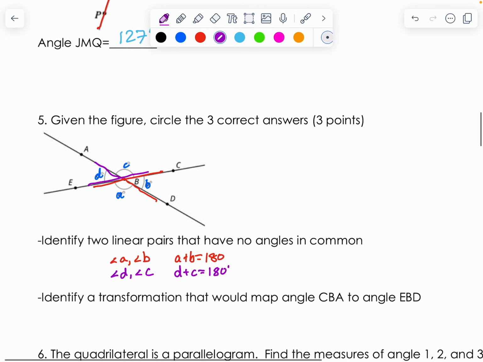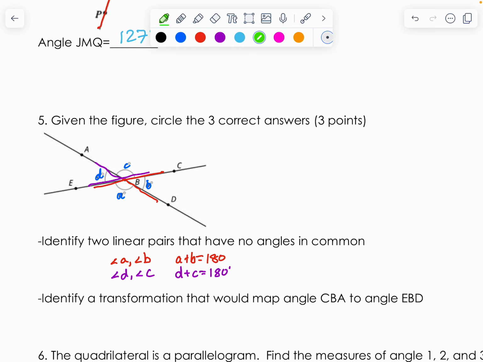Identify a transformation that would map CBA onto EBD.